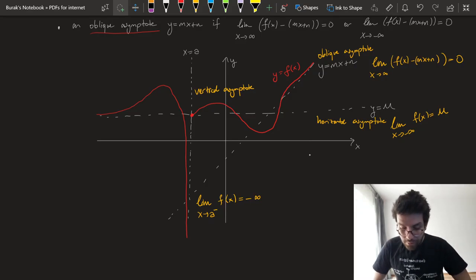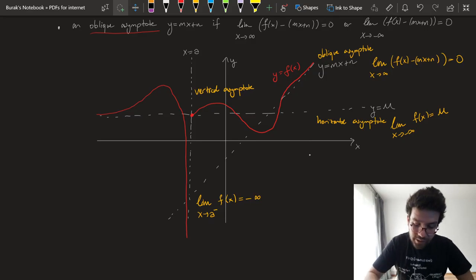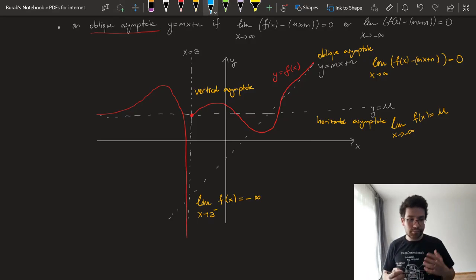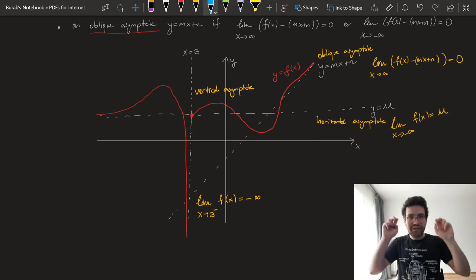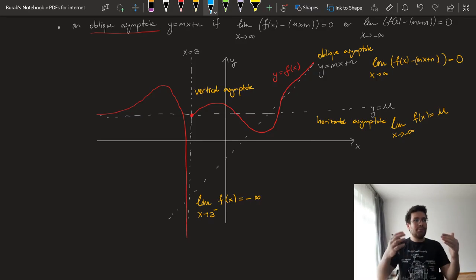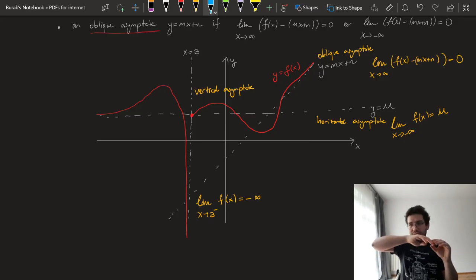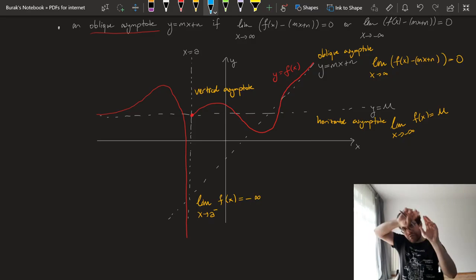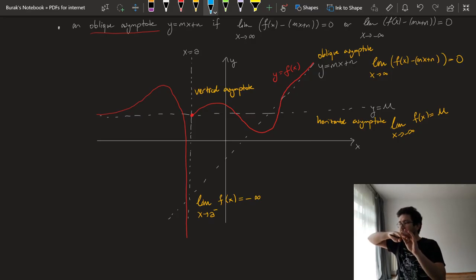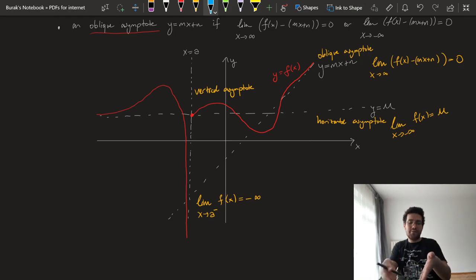Now there are a couple of things I'd like to mention. Students tend to think that the graph of a function cannot intersect the asymptote, because whatever your asymptote is, the graph of your function is supposed to get closer and closer to it when you take the limit as x goes to infinity or negative infinity, or maybe you're talking about vertical asymptotes and you're taking the limit at a specific point.